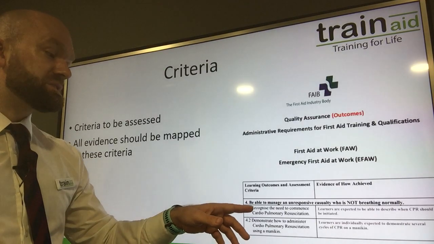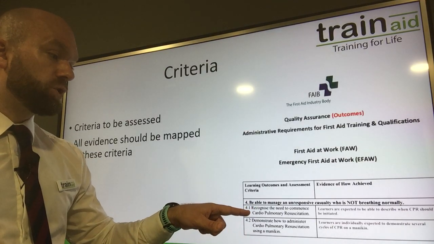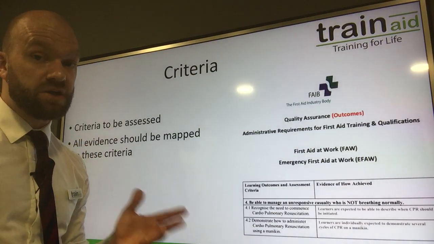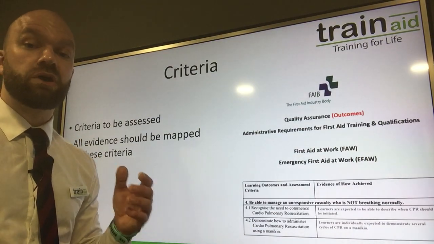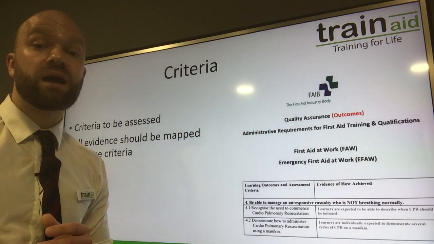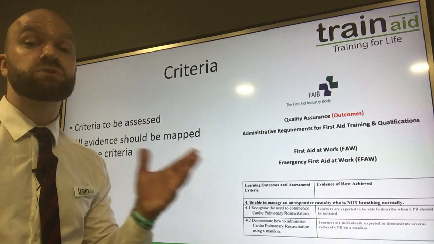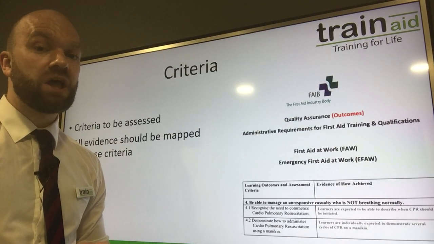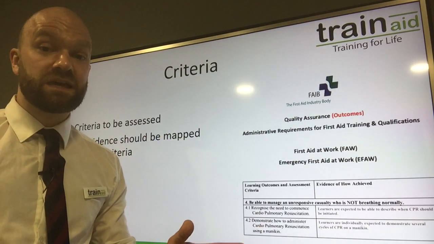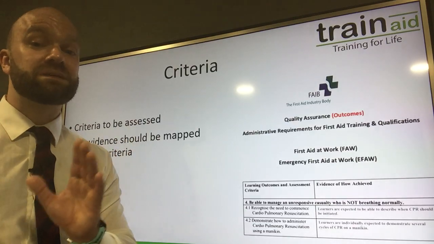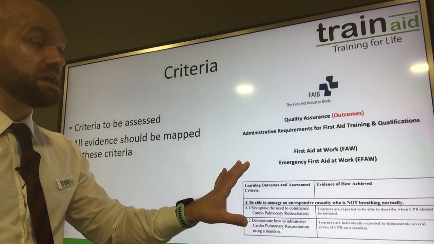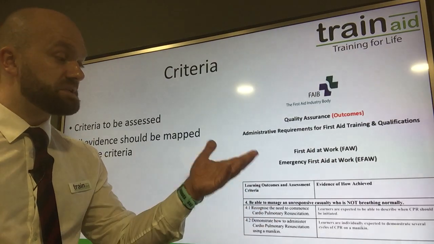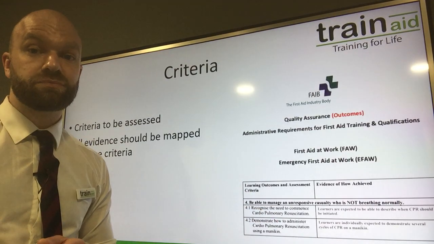As we can see here, we have criteria 4.1 and 4.2, and those are the standards that are going to be assessed against. Please ensure you have a copy of your standards or criteria on your assessment plan. It doesn't have to be too detailed. My advice is to keep it simple, and that is an example of a criteria and the level of detail needed.